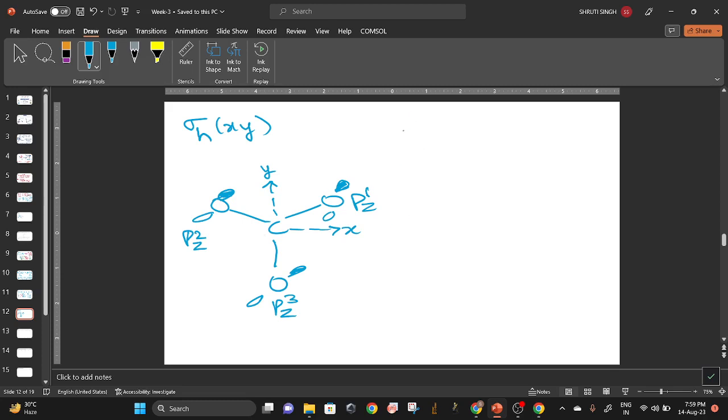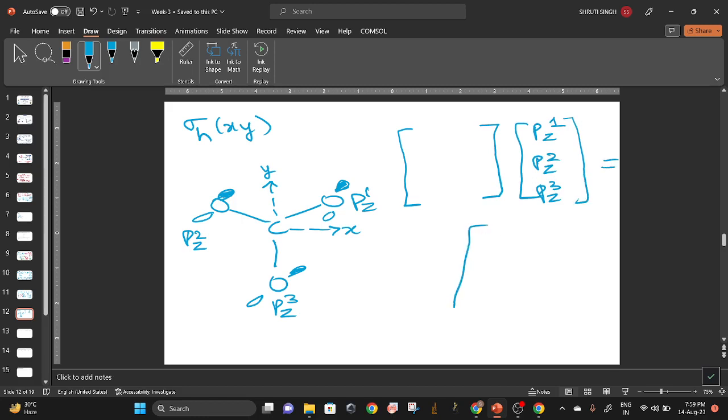So what will be the matrix? It will be a diagonal matrix, but all the diagonal elements will be minus 1, and other elements will be 0. It will be remaining the same with a minus sign.